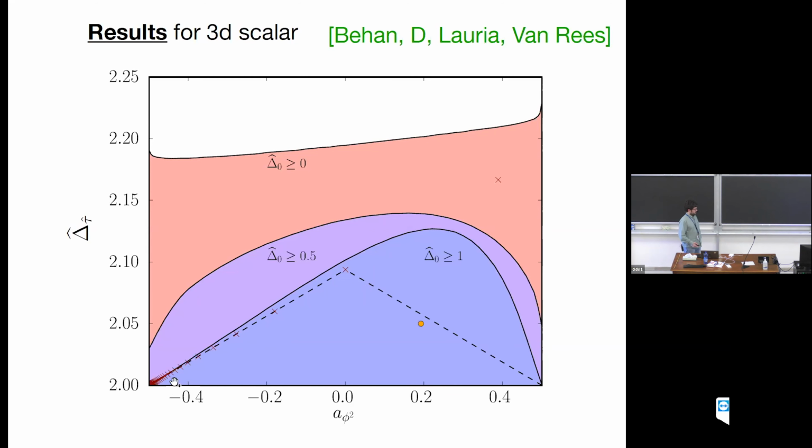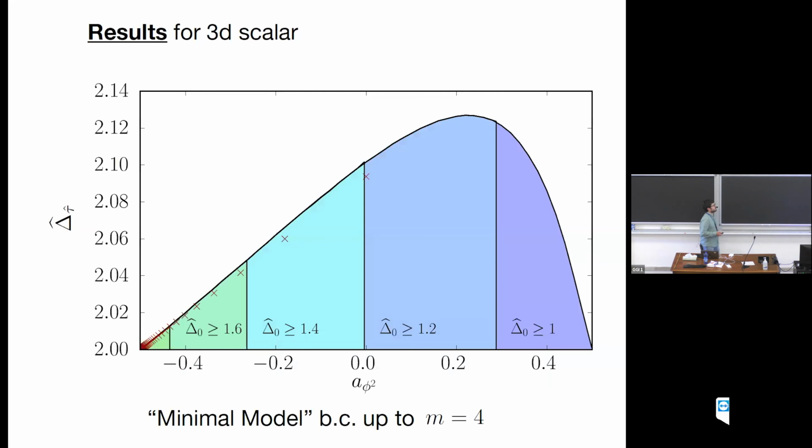Remember that Dirichlet is this point. And this is m equals 4, and this is the last one, which is the minimal model with m equals 3. But it's more interesting to actually zoom in and even reduce more the gap. So let me do that in the next slide.